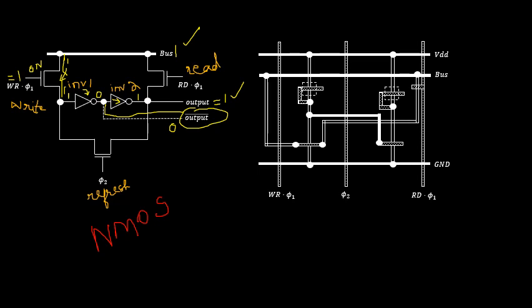Next, I am going to perform the refresh operation. For performing the refresh operation, I have to make sure that phi1 is turned off. That is, phi1 is made equal to 0, because both phi1 and phi2 should be mutually exclusive in nature. Here phi2 is mainly responsible for performing the refresh operation.